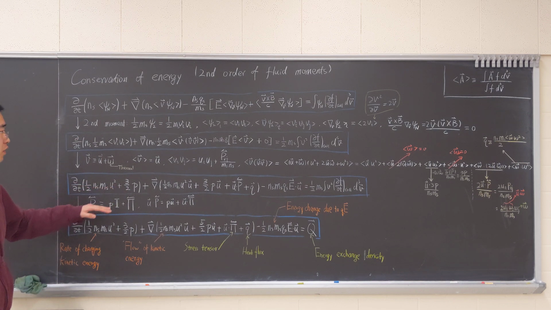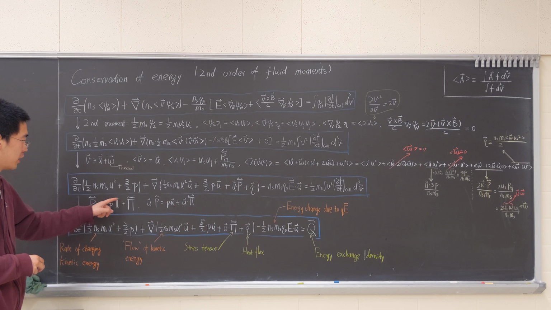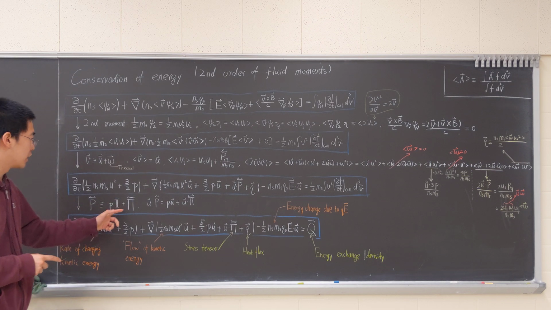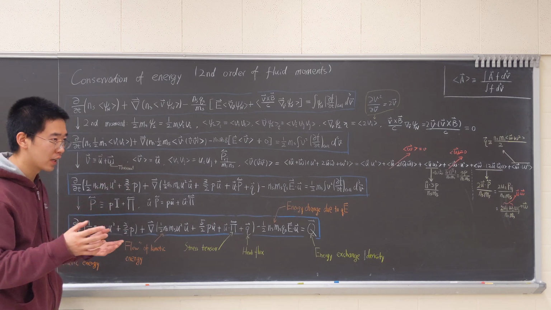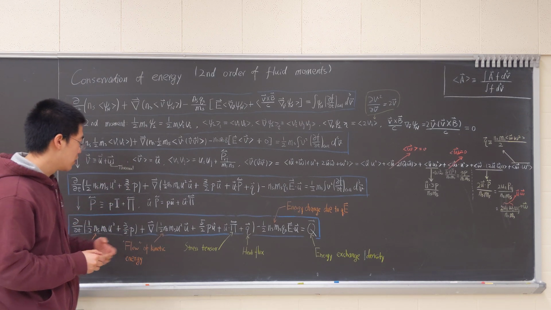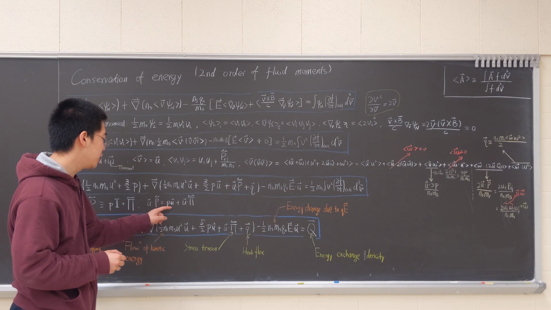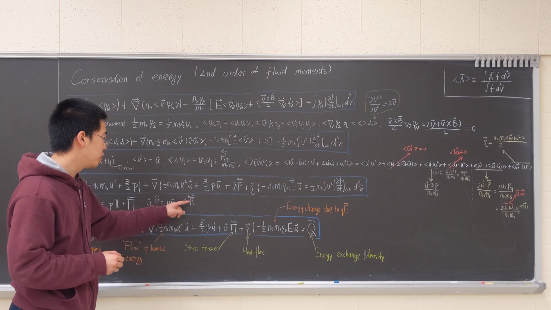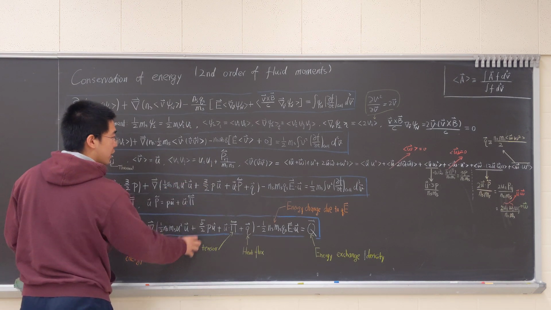And we know we can split the pressure tensor further into a diagonal term, which is the pressure multiplied by the identity matrix, and the stress tensor, which is the off-diagonal part of the pressure tensor. And so if we do UP, it will end up becoming PU plus U pi. So we put this in.